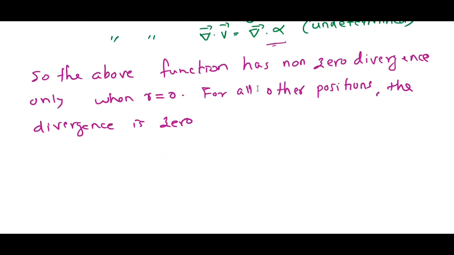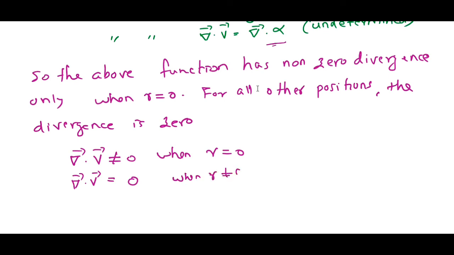Mathematically, we can represent del dot v is not equal to 0 when r equal to 0, or del dot v equal to 0 for all other positions of r, that is when r not equal to 0.